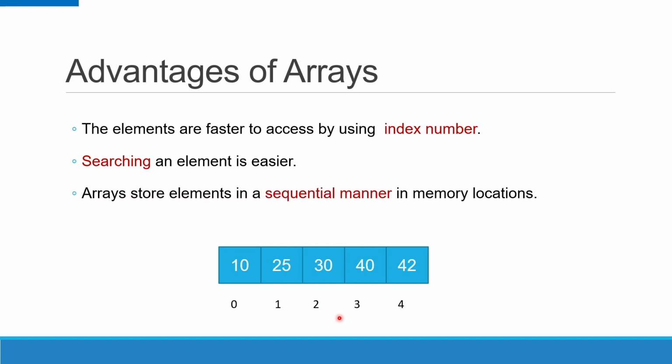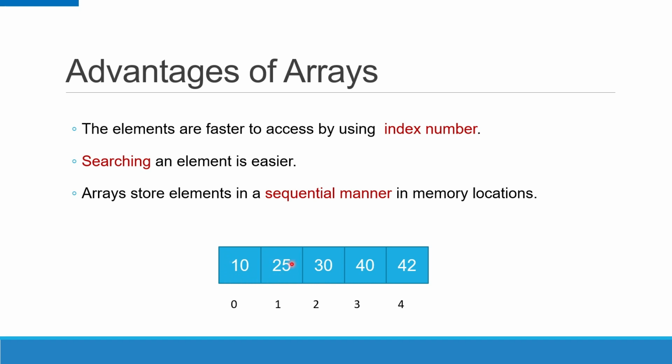And next, the array stores elements in a sequential manner in memory, that is, in contiguous memory locations. For example, your 10 is residing in memory location 1000. I'm talking about the computer memory location, not the index value. If your 10 resides in 1000, and since this is an integer array, each element takes 4 bytes.